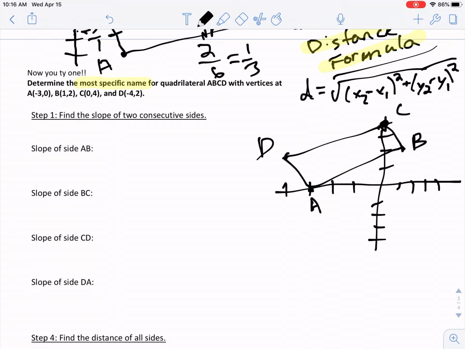All right, and now we need to find slopes. So first one, they have it broken down for us, is A to B. That's up 2 over 4, which we reduce to 1/2. Its opposite side is C to D, so I'm going to jump down here and do C to D next. These are my opposite ones.